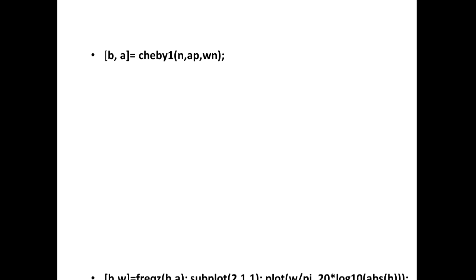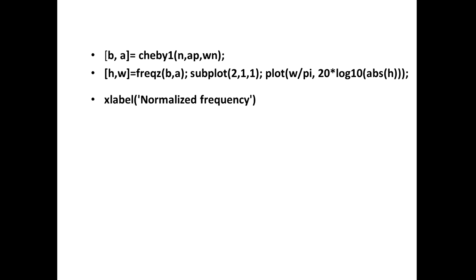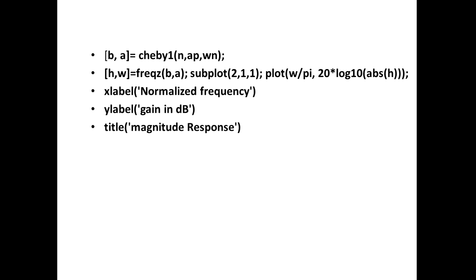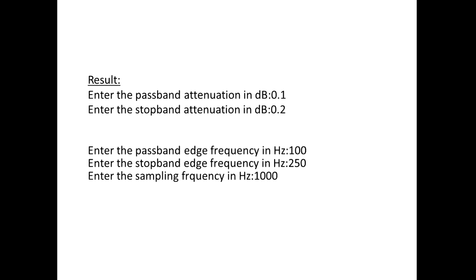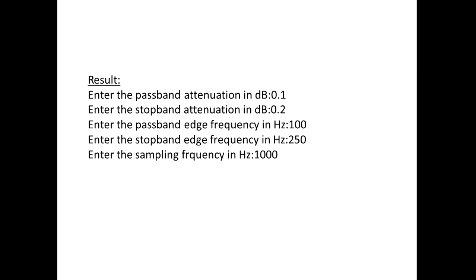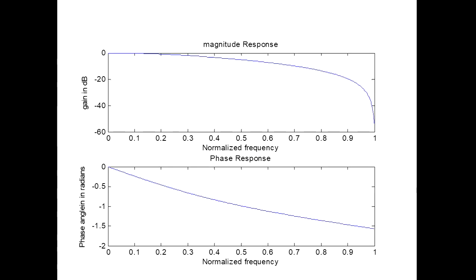Again by obtaining the filter coefficients, we are going to plot the magnitude and the phase response by using the plotting functions. So enter that program in the MATLAB window, run the program, enter the filter specifications, then you will get the order, cutoff frequency and filter coefficients for the low pass filter. Then you will get the magnitude and the phase response.